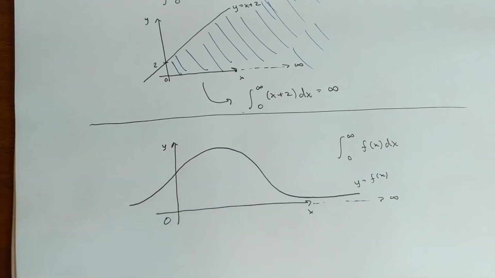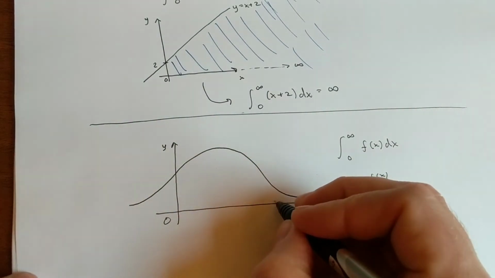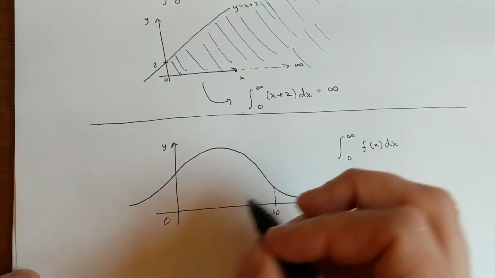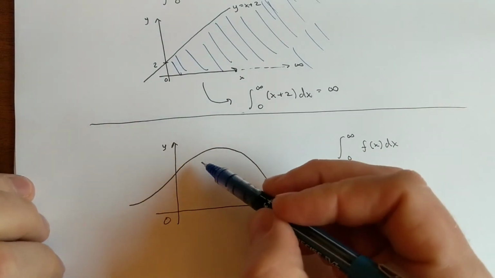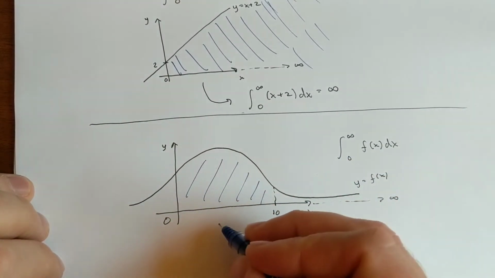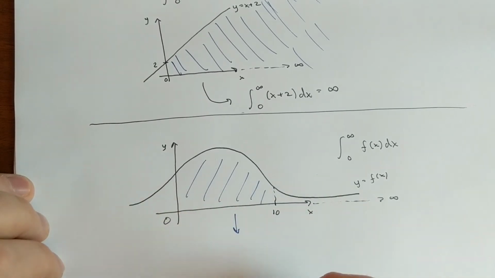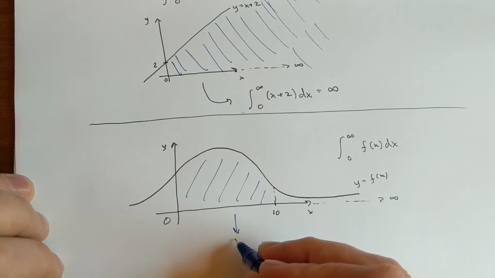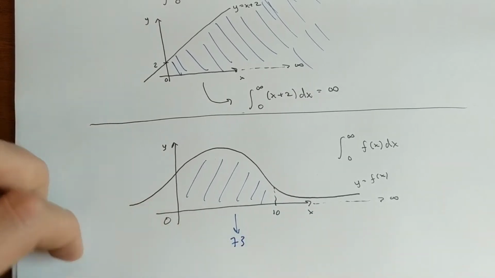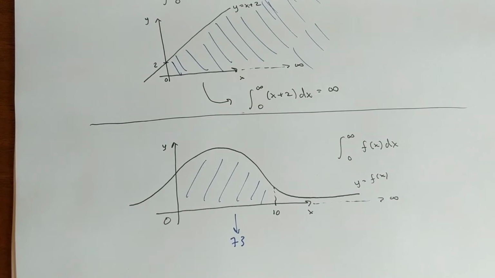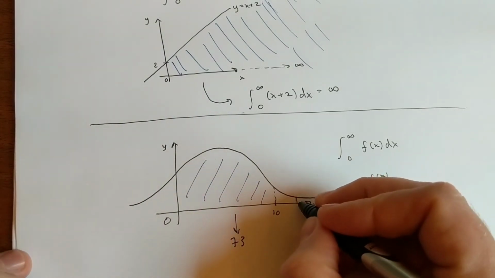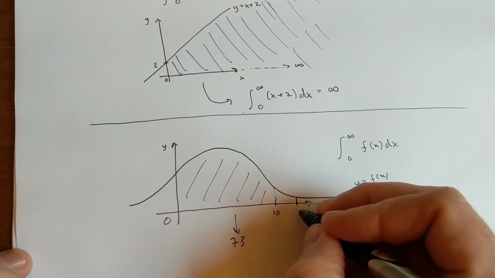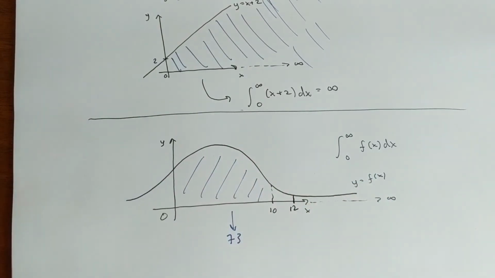So let's think about, so this is like maybe 0 to 10. So let's think about this area here, and we'll say this is some value like 80 or something, or say 73. So let's say that's the area under that curve. And so what happens if we add on a little bit more? So let's say we add on this section more. So let's just go up to like 12 or something.